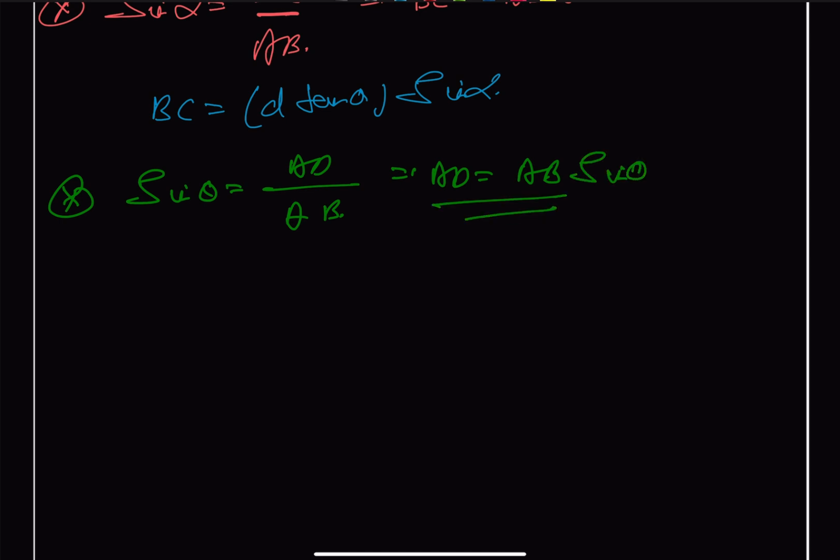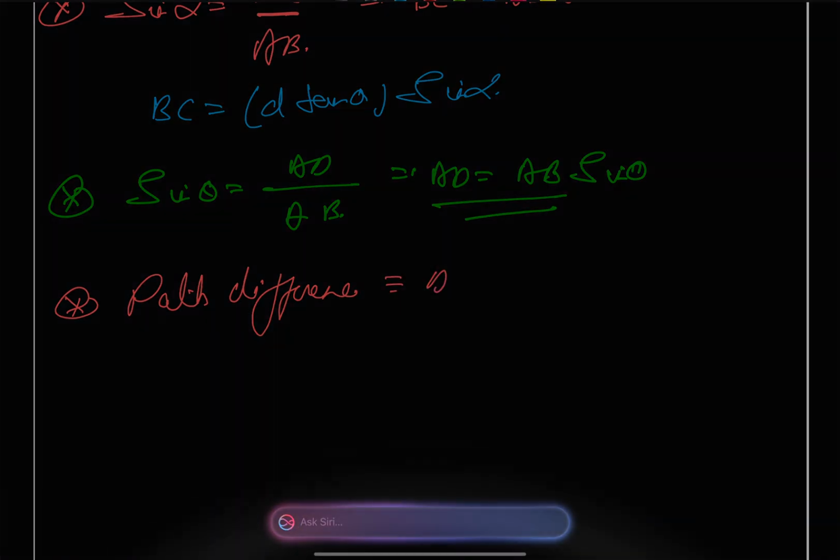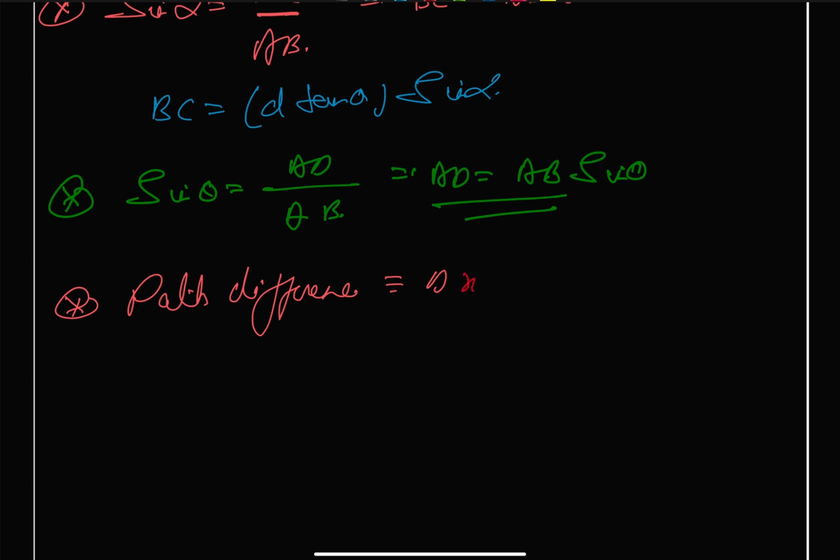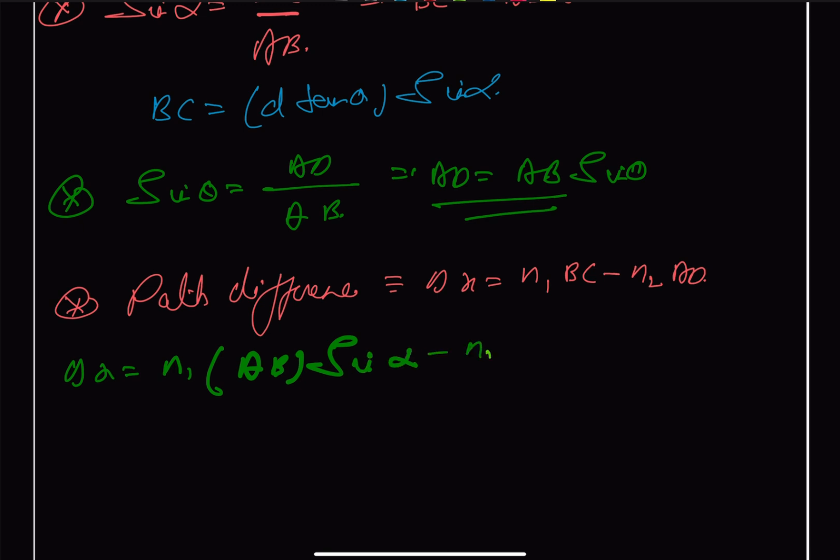So we can say our path difference, that is delta x, is equal to refractive index n1 times BC minus refractive index n2 times AD, and if we substitute the values of BC and AD, we can write that delta x will be equal to n1 AB sine of alpha minus n2 AB sine of theta.